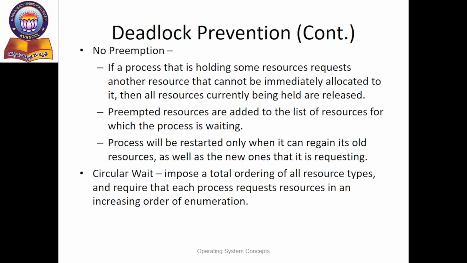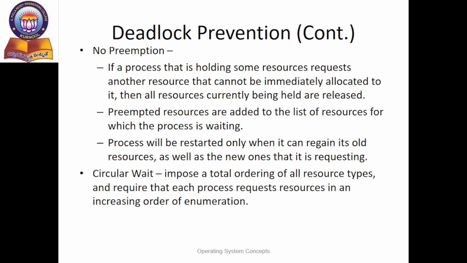The next one is no preemption. Just now we have seen that no preemption means that if a process requests any resource, it cannot forcibly take the resource from another process. Whenever we want to violate this condition, what should be done is that the resources can be preempted.